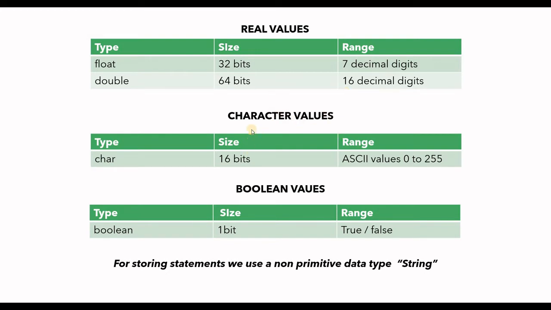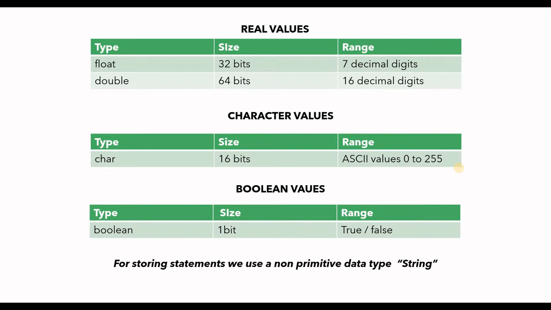Now moving on, we have character values and the data type is char. The size is 16 bits and it can have ASCII values from 0 to 255. Now what are ASCII values? Just as you are calling person 1, person 2 and person 3, similarly for each and every character or alphabet or number or whatever special character you have, there is an ASCII value assigned to it, which ranges from 0 to 255.